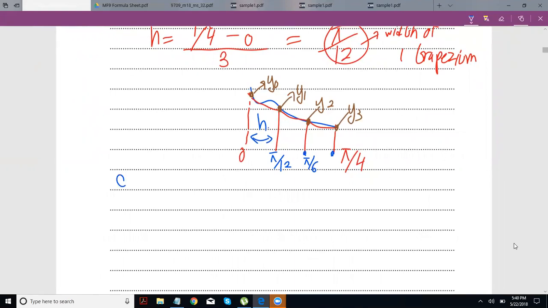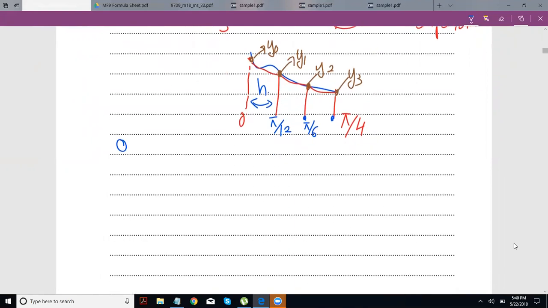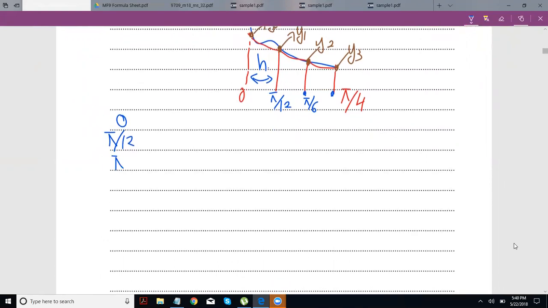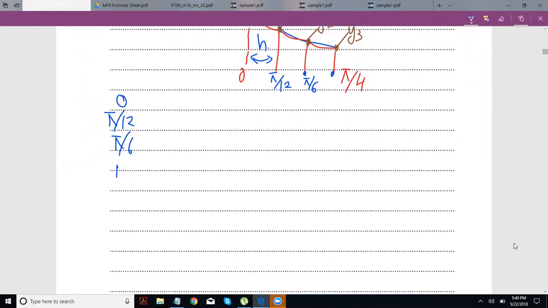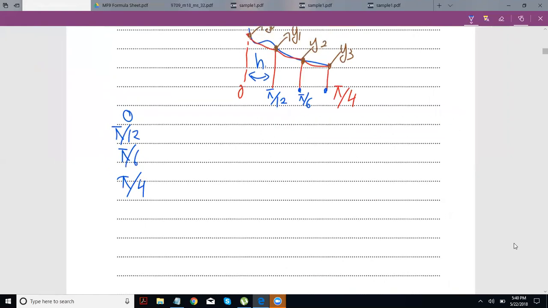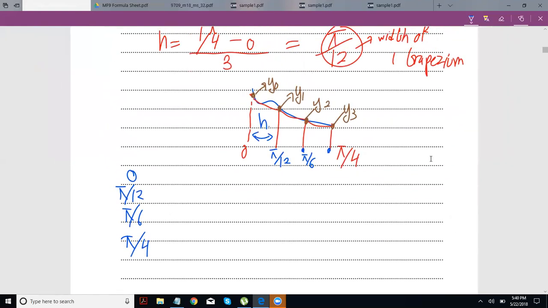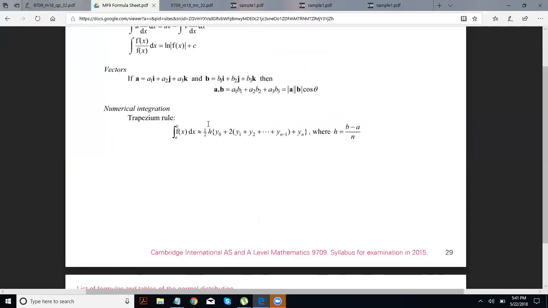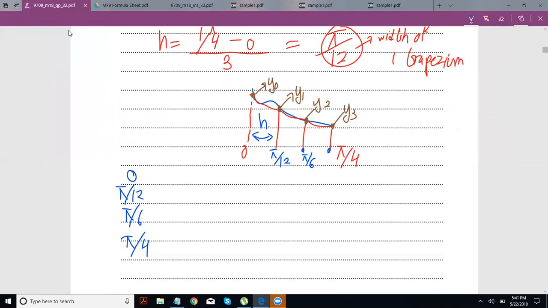So you wanted the value for when x is 0, when it is pi upon 12, when it is pi upon 6, when it is pi upon 4. And even if you don't remember the way to proceed, just a quick look at the formula that's already given in the MF9 table will probably help prompt you to this particular procedure anyways.